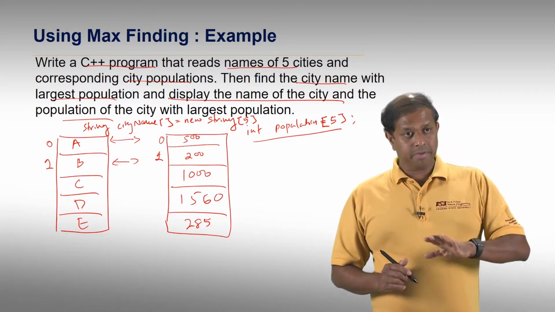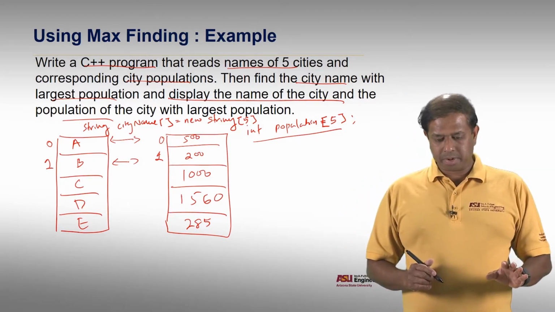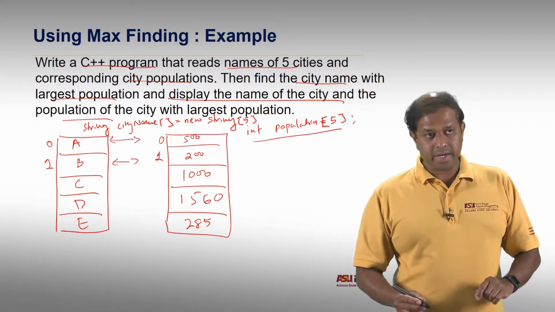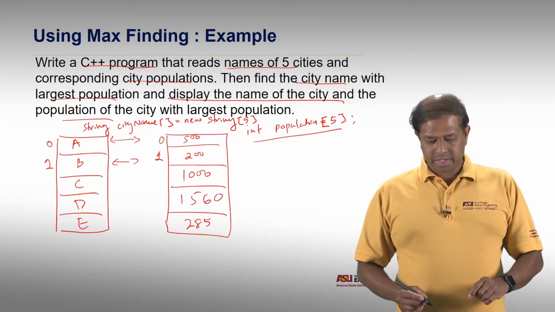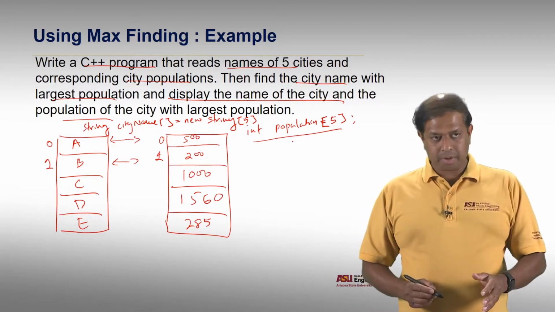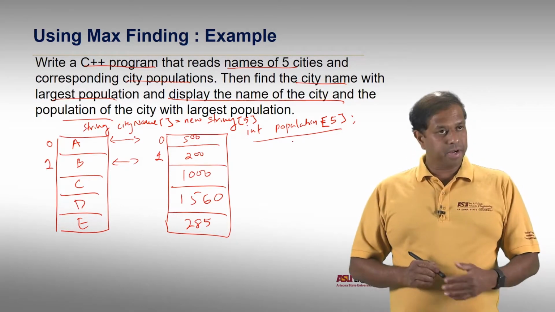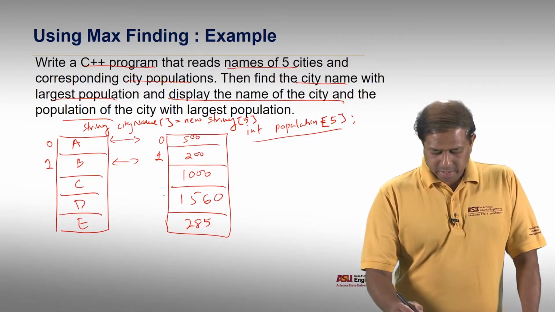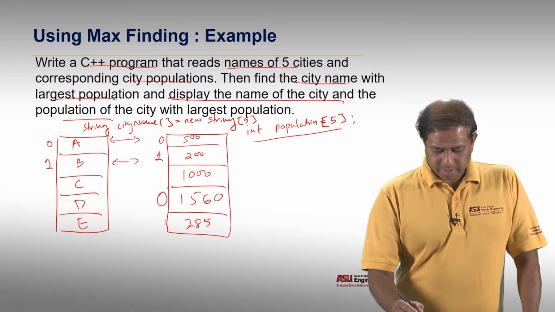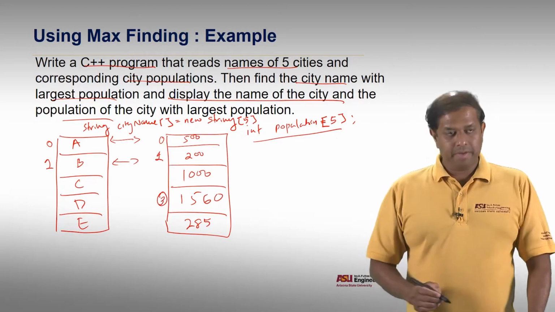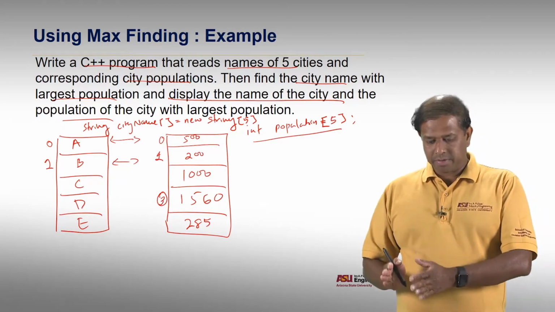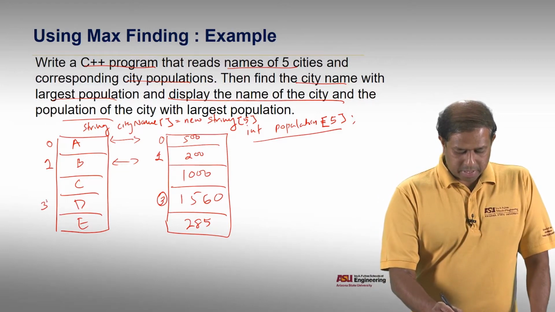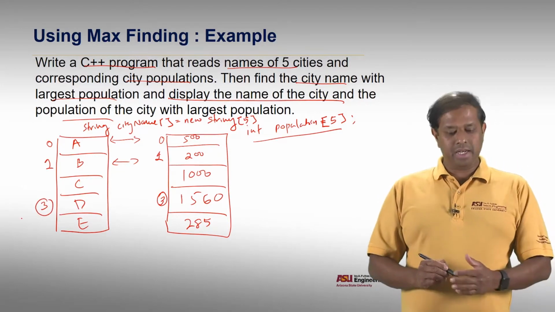Now if I want to find the name of the city with the largest population, what I can do is get the index of the location where we have the largest population. We already know how to find the largest value stored in an integer array. In here, this value, that's going to be index 3, will have the largest value in the population array. The corresponding city name should then be index 3 of the city name array.